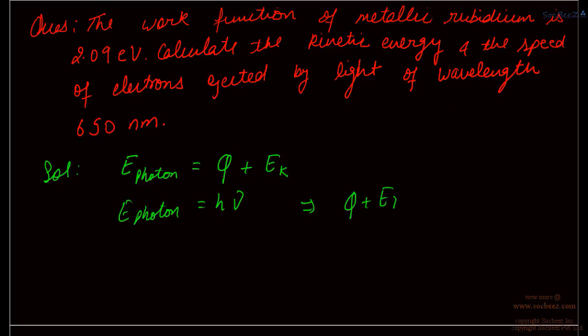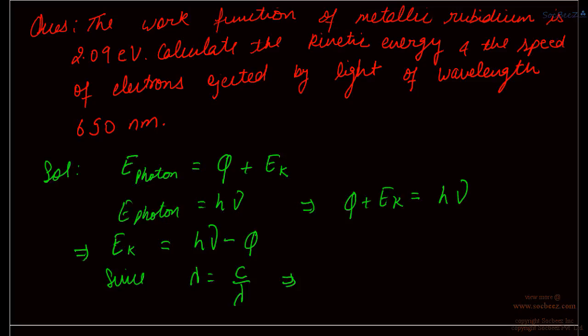Therefore phi plus Ek should be equal to h nu, or from here the kinetic energy Ek should be equal to h nu minus phi. We are given nu in the form of wavelength. Since nu equals c upon lambda, therefore Ek equals hc upon lambda minus phi.